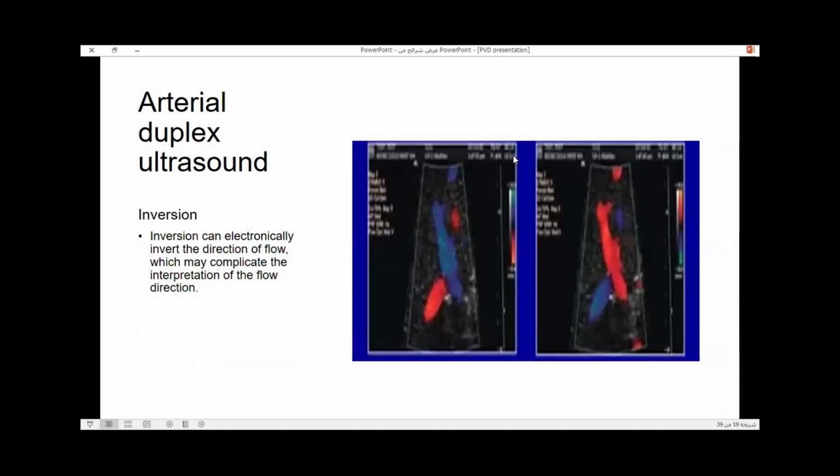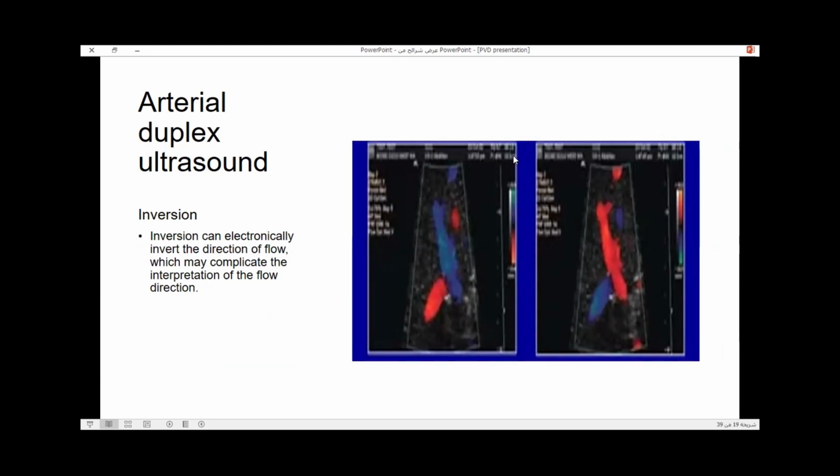Inversion is less important than the other parameters because, since we have the flow, we can see the flow of the artery is blue in this image, while the same artery is red in the other image. So this is related to inversion.